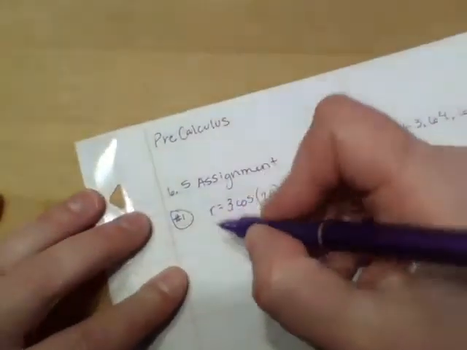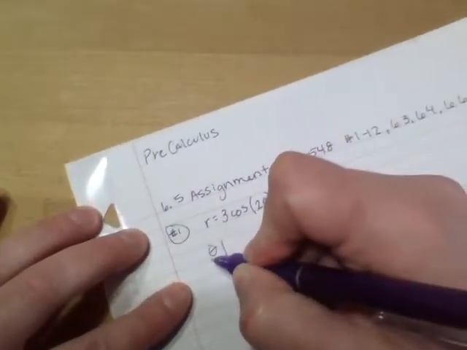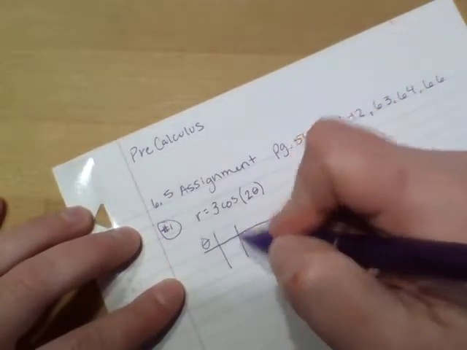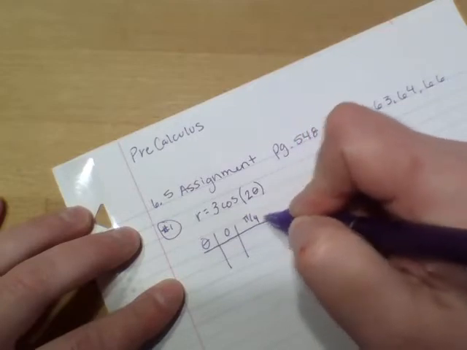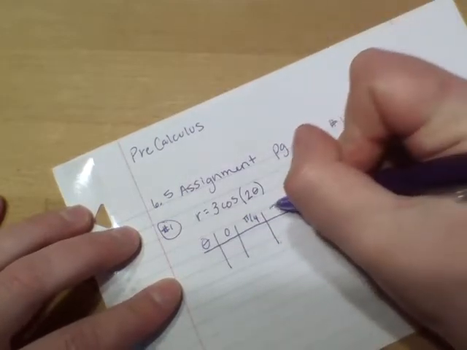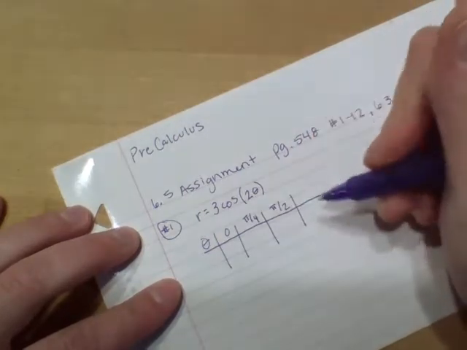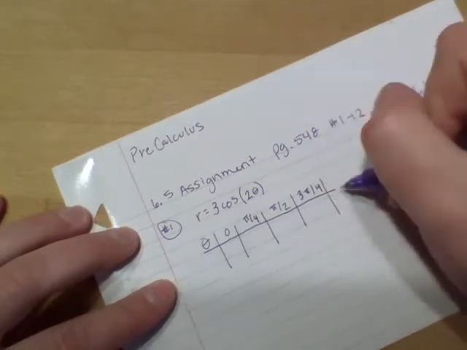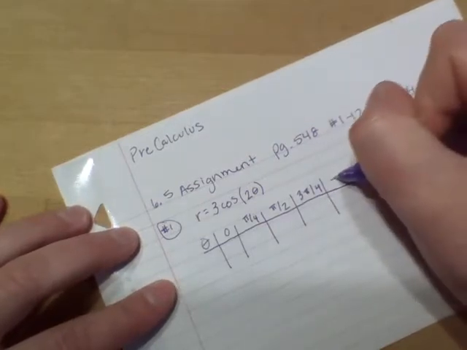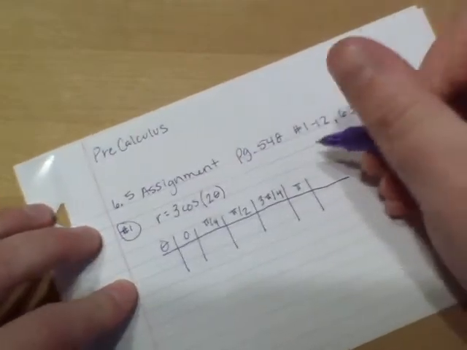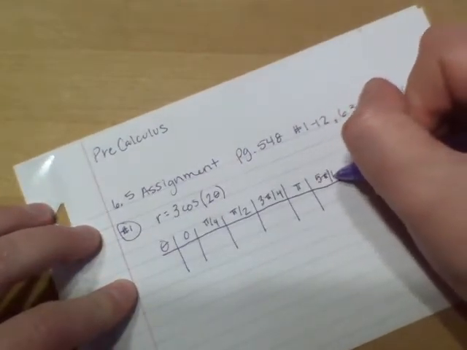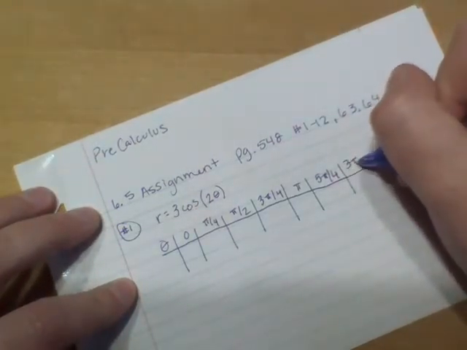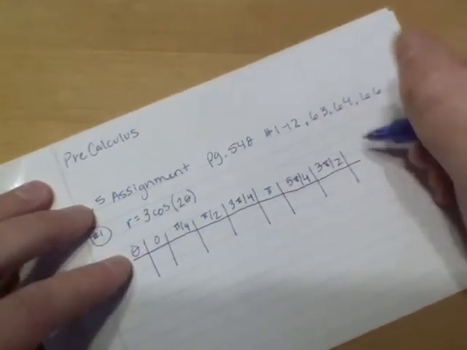It's going to have some sort of shape kind of like this because it's got a cosine and theta. All right. So the table wants you to plug in a theta of 0, and then pi over 4, pi over 2, 3 pi over 4, pi, 5 pi over 4, 3 pi over 2, and 7 pi over 4.